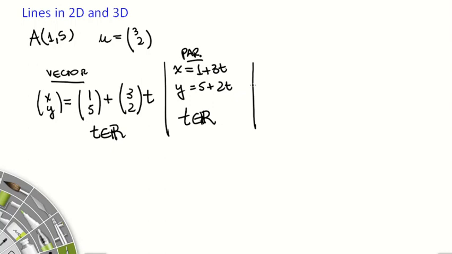Now the last one, we could be asked about the Cartesian equation. For the Cartesian equation, we would express t first, so we make t our subject. If we rearrange, we're going to have x minus 1 over 3, which is also equal, if we look at the second equation, y equals 5 plus 2t, to y minus 5 over 2.